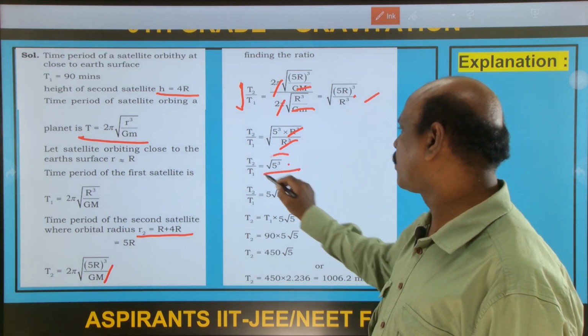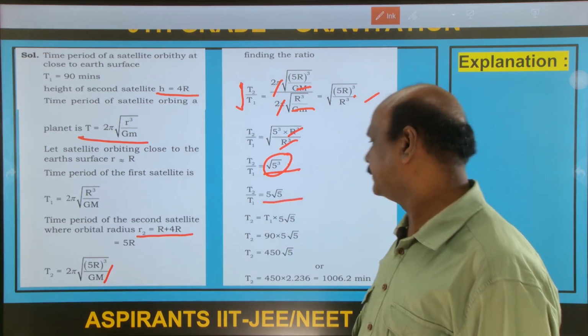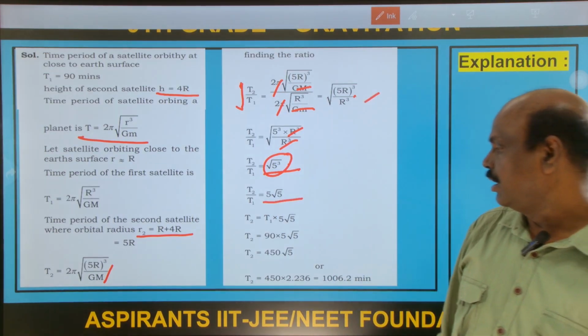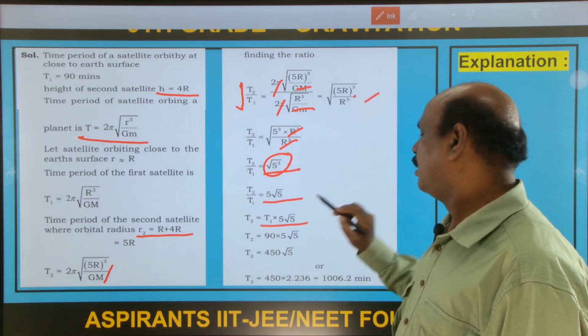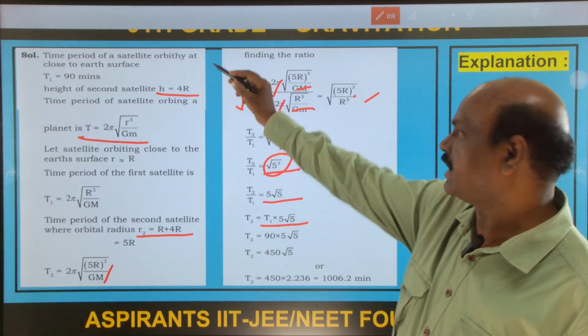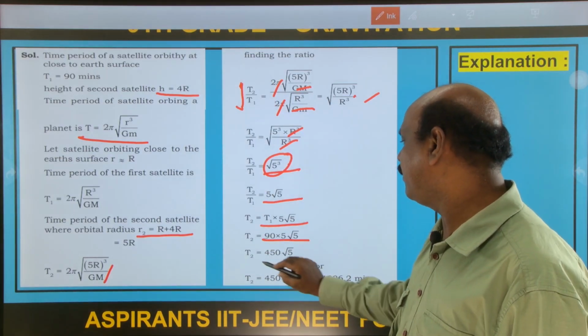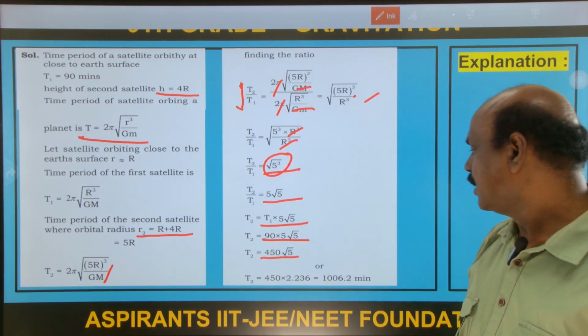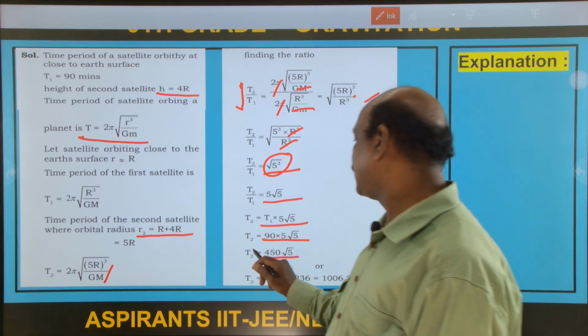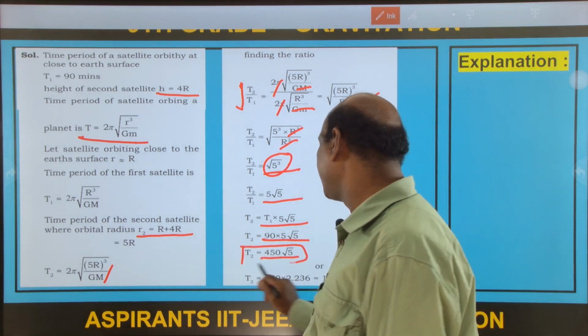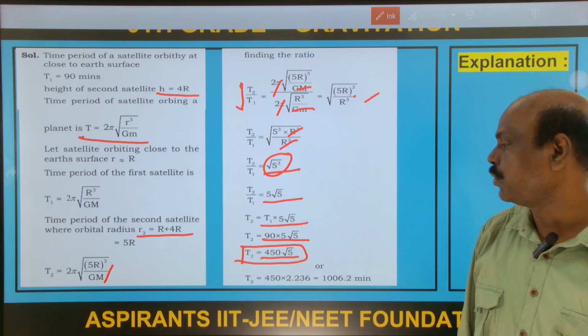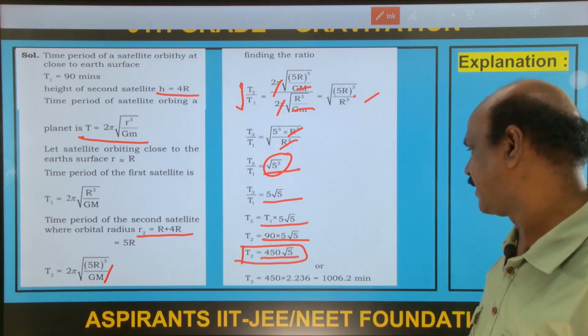So when you convert root 5 cube, we get 5 root 5. So therefore, T2 is 90 into 5 root 5, that is 450 root 5. So the time taken by the orbiting satellite is 450 root 5 minutes.